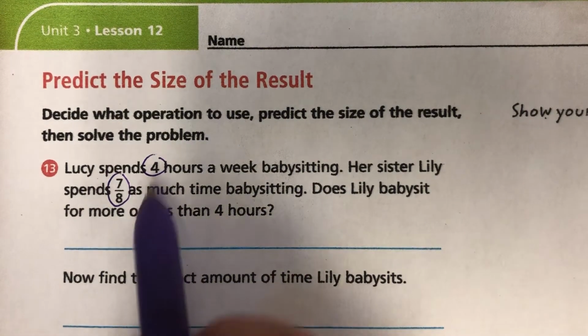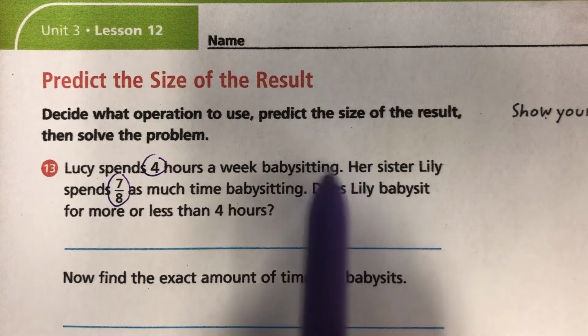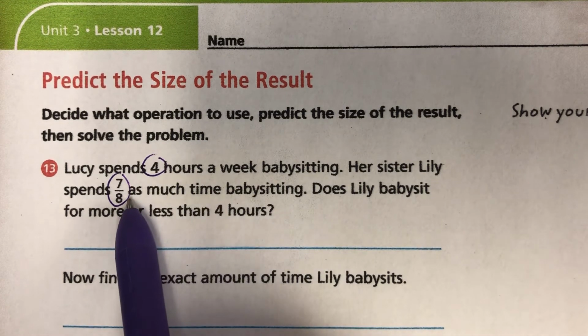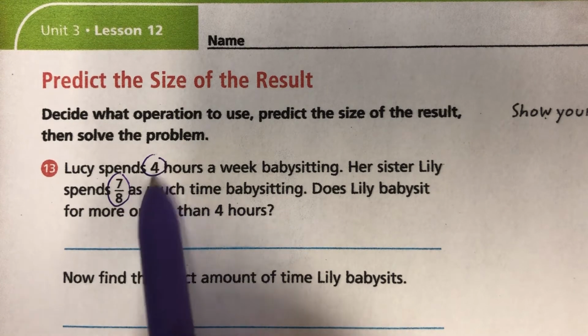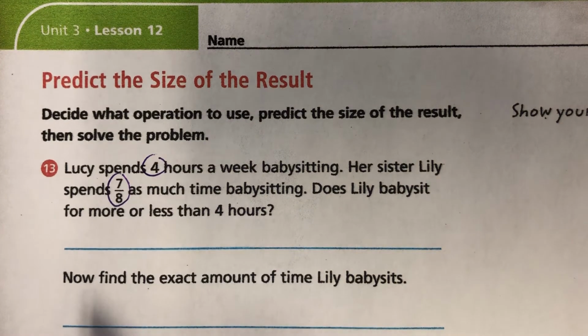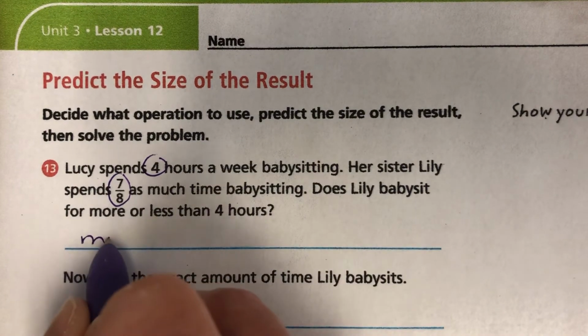Okay, so first off, we'd have to figure out which operation we would want to use for this. So if Lucy spends 4 hours a week and her sister spends 7/8 as much time, this is saying 7/8 of that 4. This is part of that whole amount. She spends part of that whole amount. What operation is part of the whole? That is multiplication. So we would have to use multiplication to solve this.